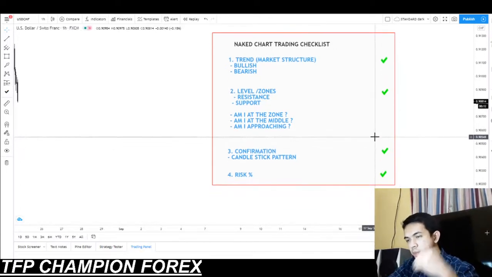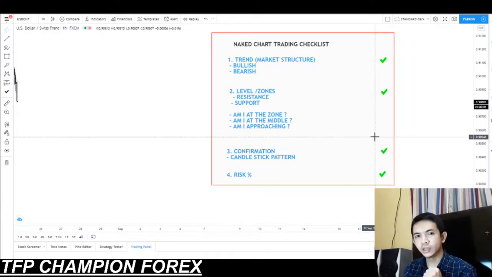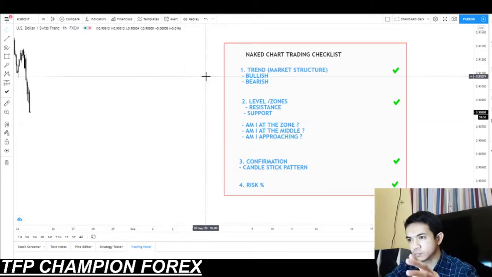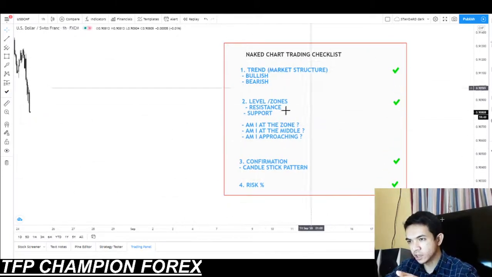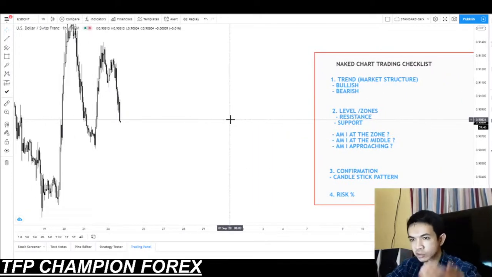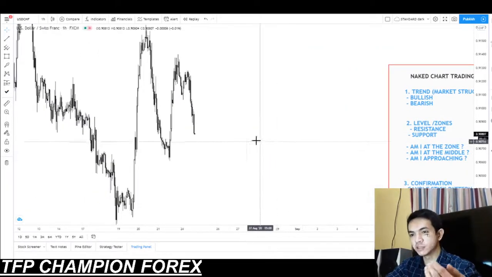And after that, prior to entering a trade, you should definitely know what is your risk percentage, what is your risk appetite, and what is the amount of money you can afford to lose without affecting your emotions or the psychological aspects of yourself. So this is a basic checklist. However, this can be a good habit for you whenever you place a certain trade.